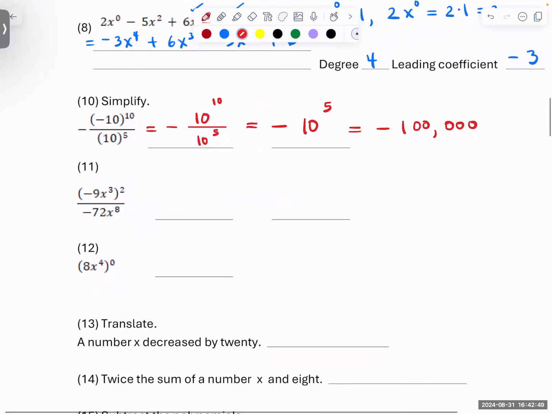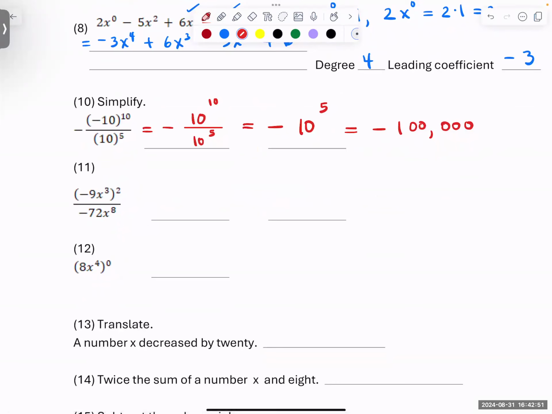Number 11, squaring the numerator. Negative 9 squared, that could be done as a mental math step. x cubed, quantity squared, becomes 3 times 2 is 6. Divided by negative 72, x to the 8th. So we have positive 81 divided by negative 72.